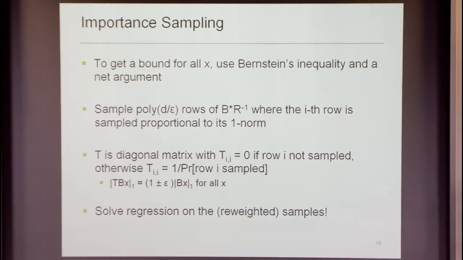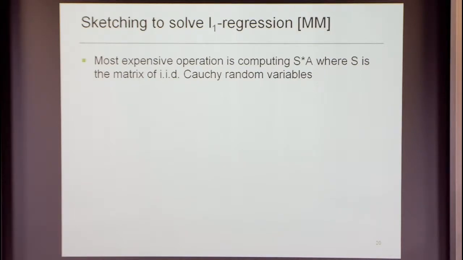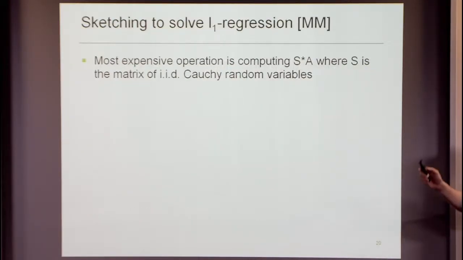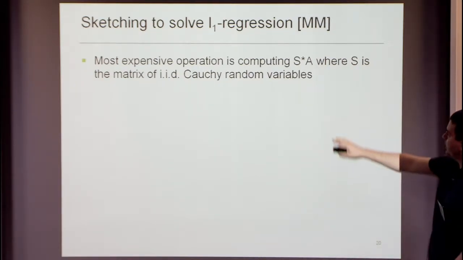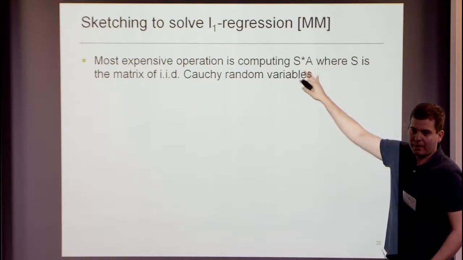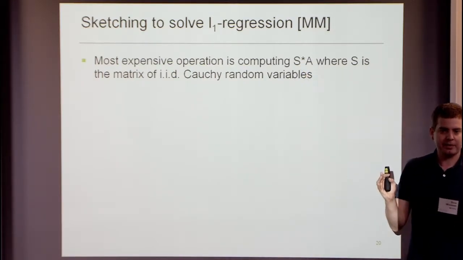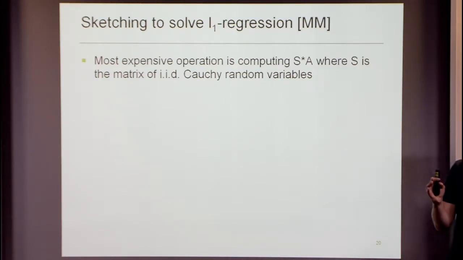Let me just say that the most expensive operation in this is computing S times A. The other operations are done in the sketch space, such as finding this preconditioning.